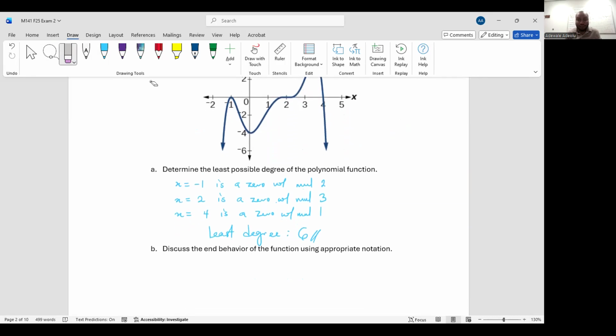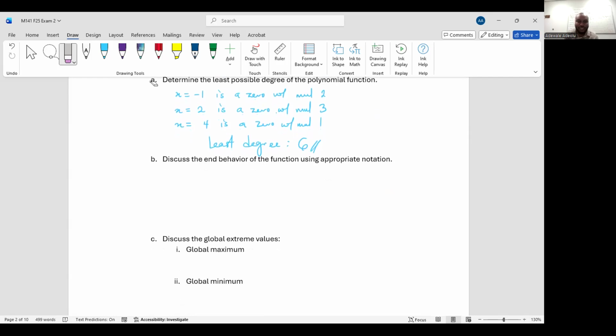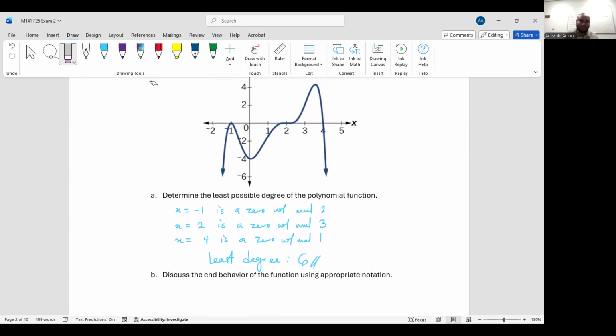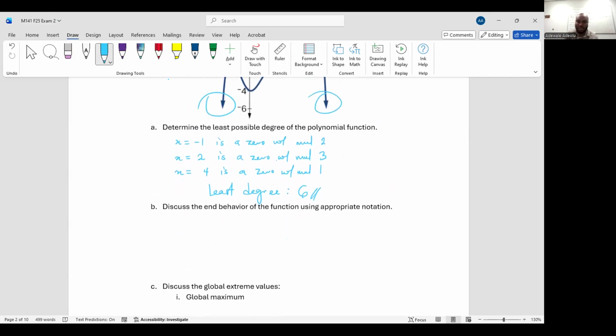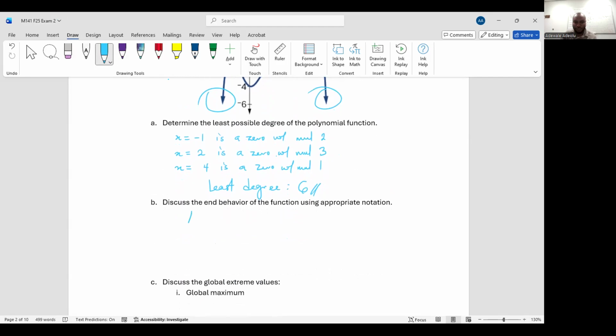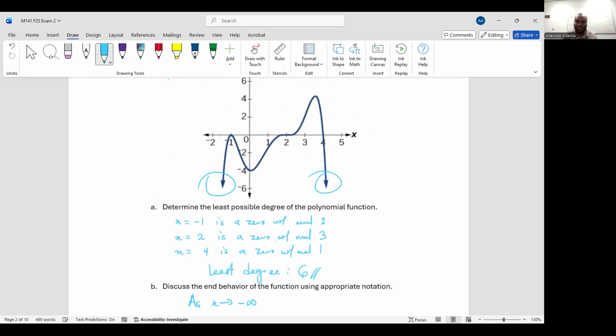So maybe the question you have is, do you need to check all these things? Yes, check it. That is why you have all these tools given to you. Here I said discuss the end behavior. Well, end behavior, what I'm asking you is, as x goes to negative infinity, that is, as your x goes here, negative infinity, where does your y go to?